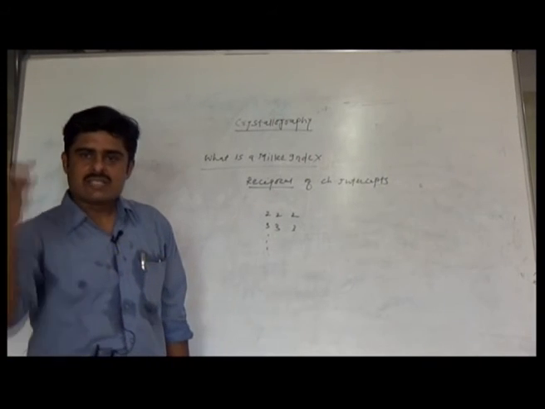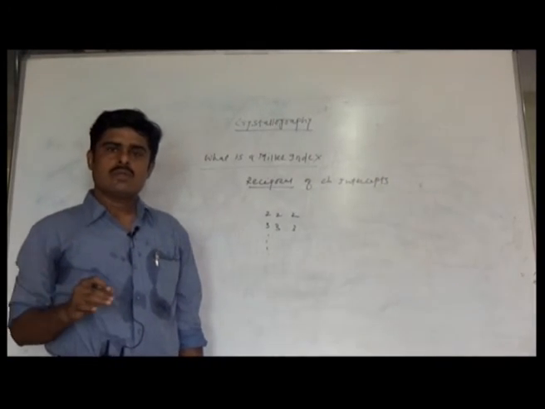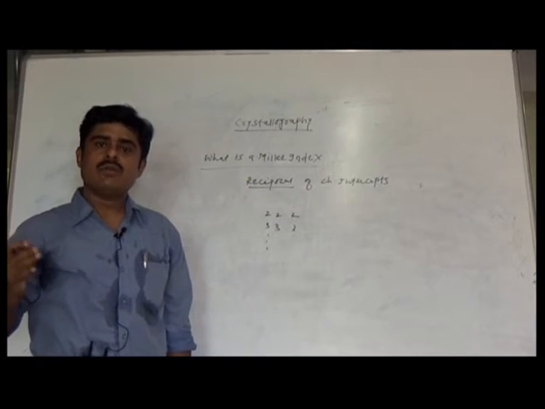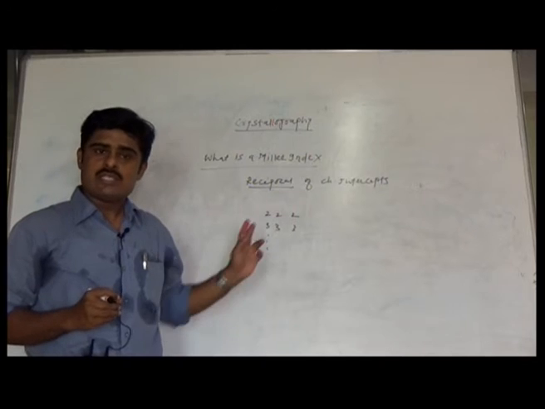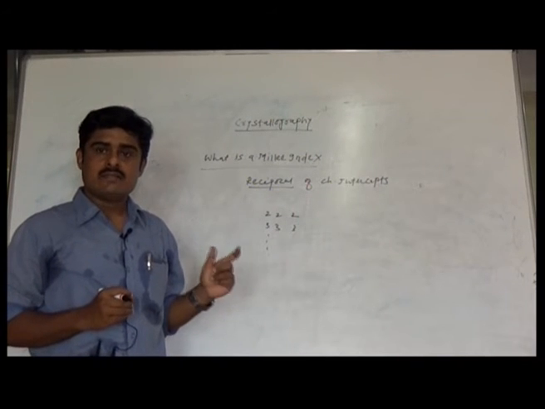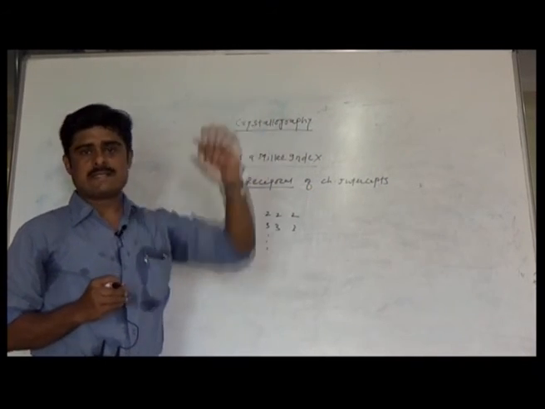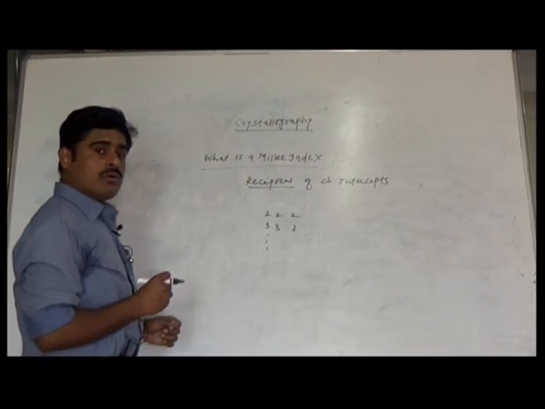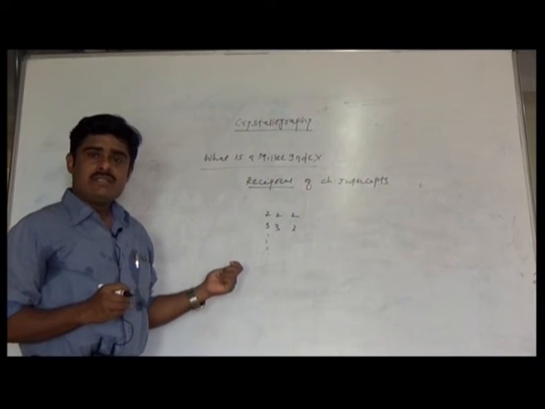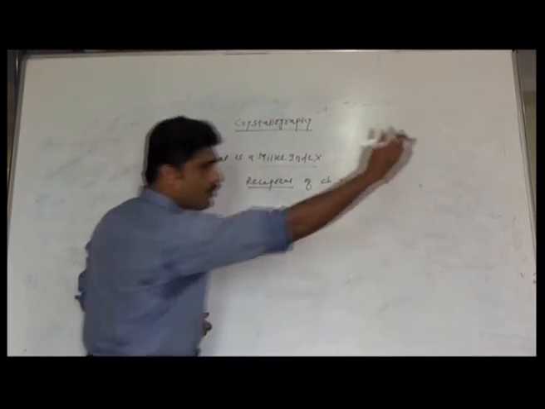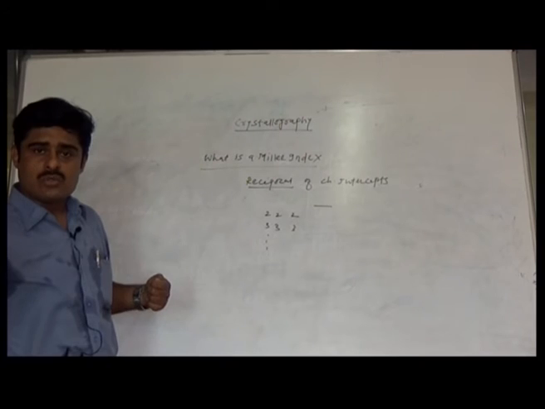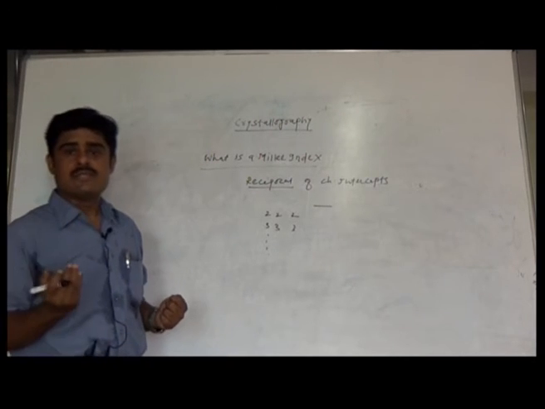So as the index grows, the distance is growing if I don't take the reciprocal. But if I take the reciprocal, 2 is more, but 1 by 2 is less. 3 is more, but 1 by 3 is less. So what is the intention in taking the reciprocal? As we grow away from the origin, the distance grows, but the index reduces.